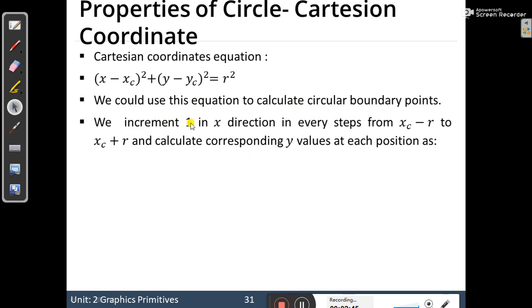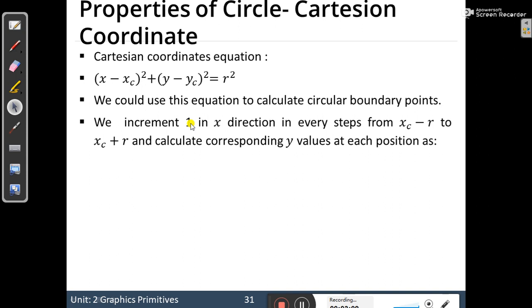We increment 1 in the x direction in every step from xc minus r to xc plus r. Are you getting the point?